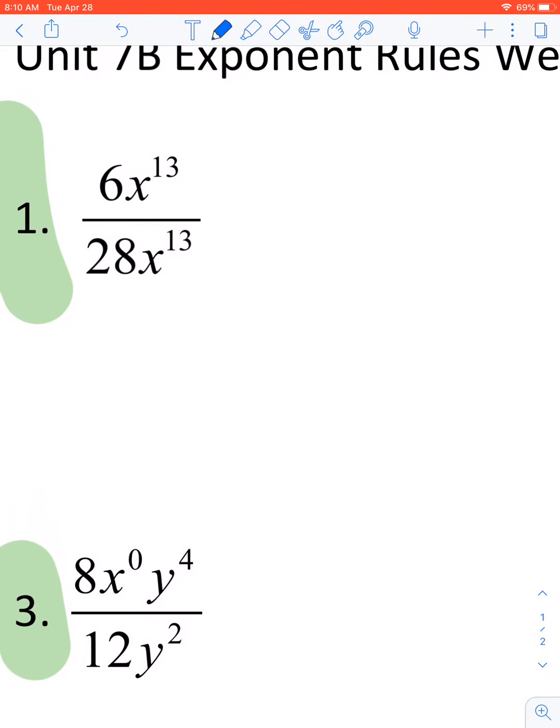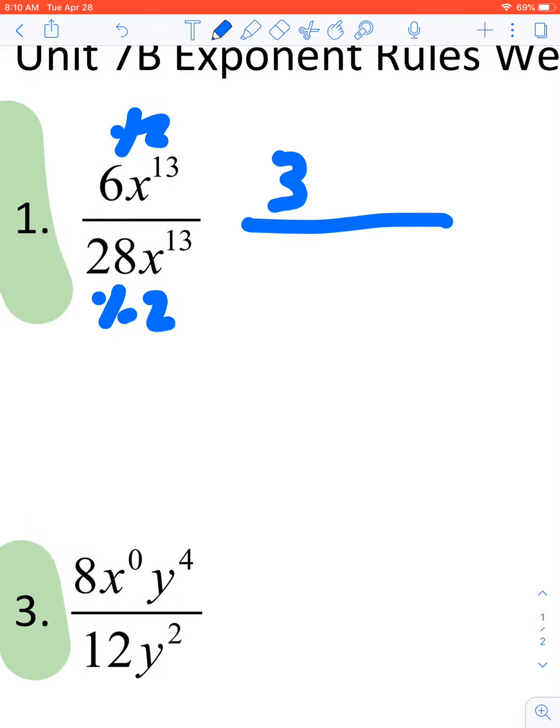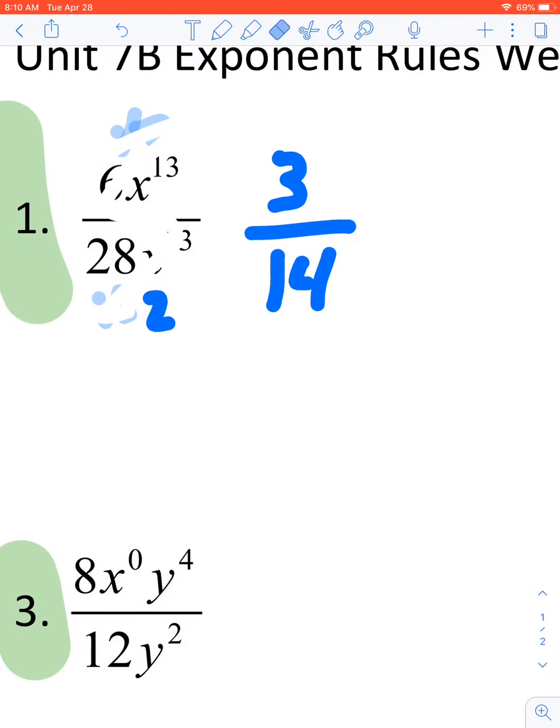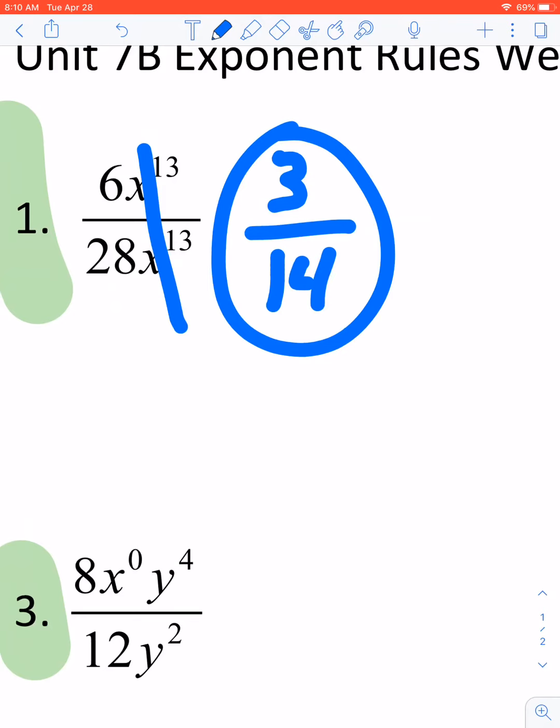So I'm going to divide the 6 by 2 and divide the 28 by 2, so I end up with 3 over 14. And then I do my x's. I have 13 on top and 13 on bottom, so they cancel out completely. So those x's cancel out, and what I'm left with is 3/14.